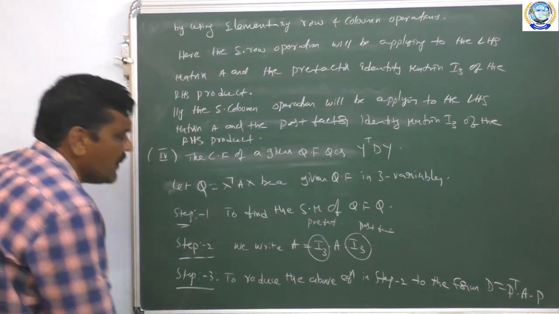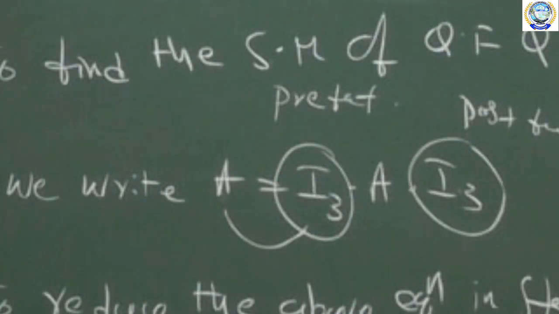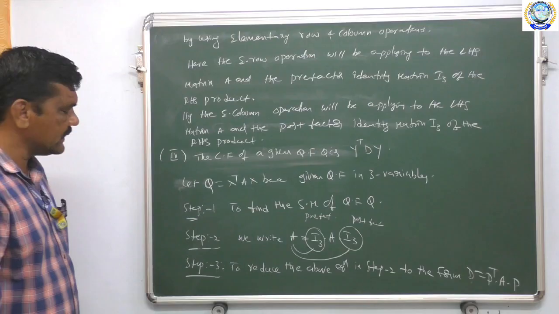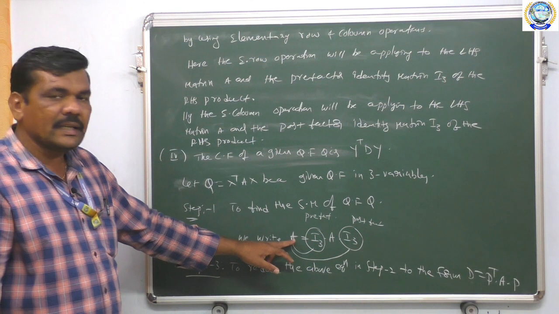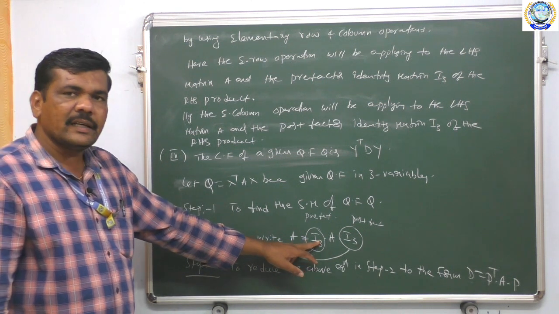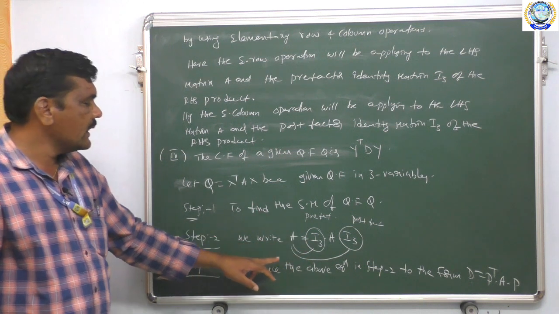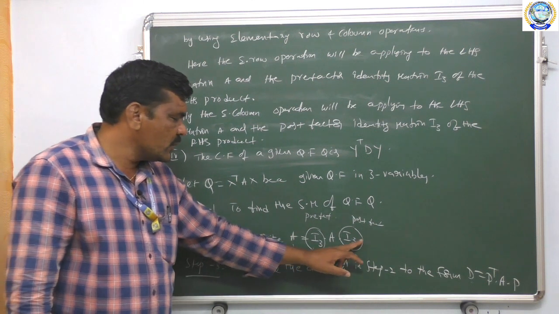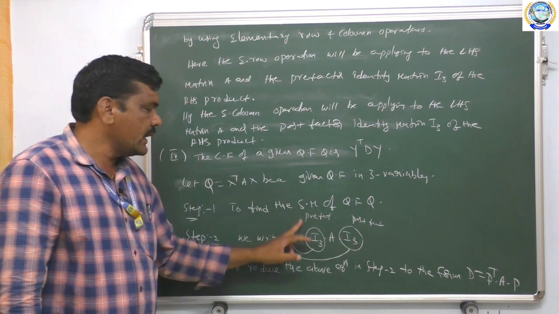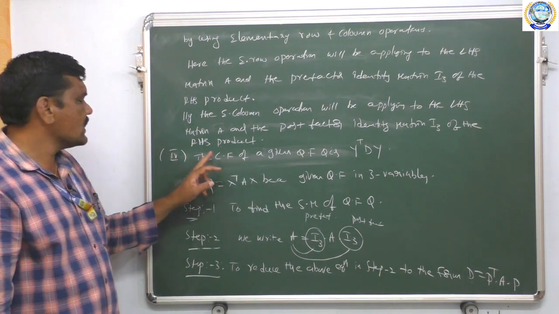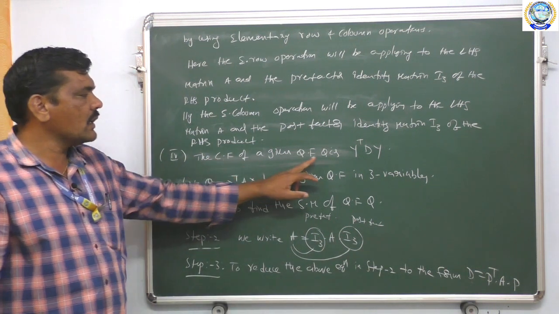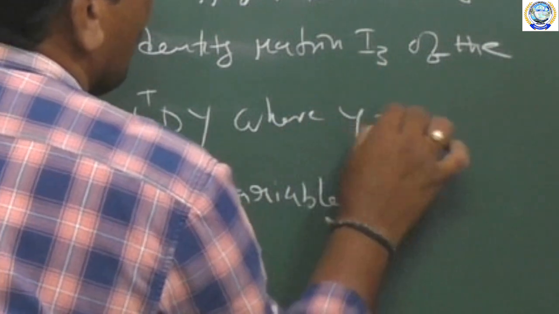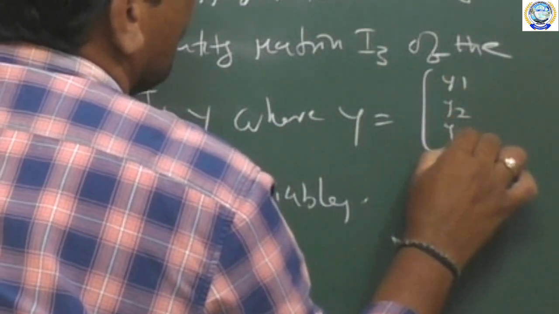Elementary row operations will be applied to the LHS matrix capital A and the prefactor identity matrix of this RHS product, and the elementary column operations will be applied to the LHS matrix capital A and the post factor identity matrix I3 of this RHS product. So in the last step, we get the canonical form of the given quadratic form, that is Y transpose into DY, where Y is equal to variable matrix Y1, Y2, Y3.